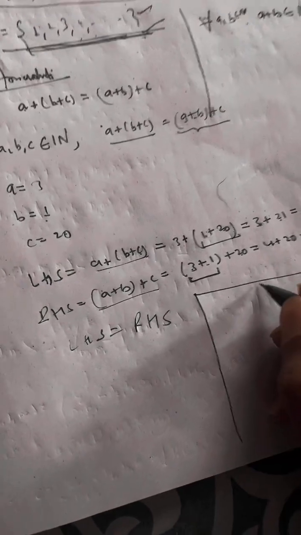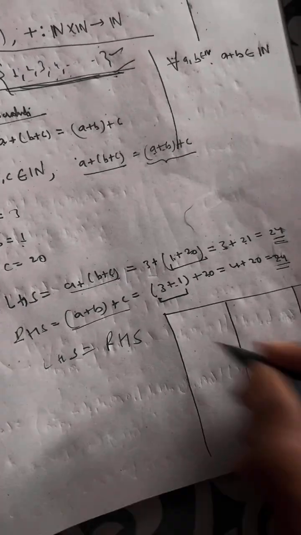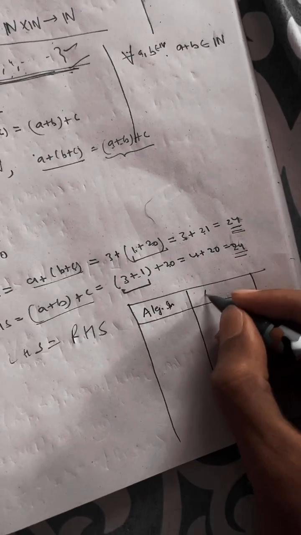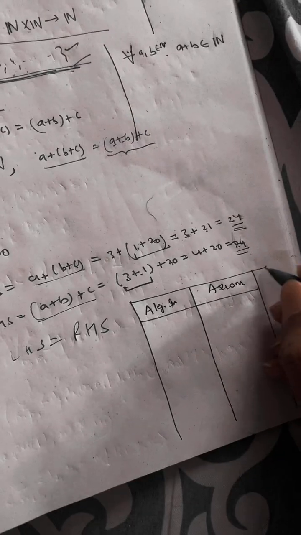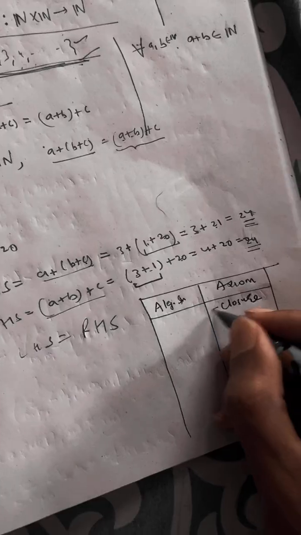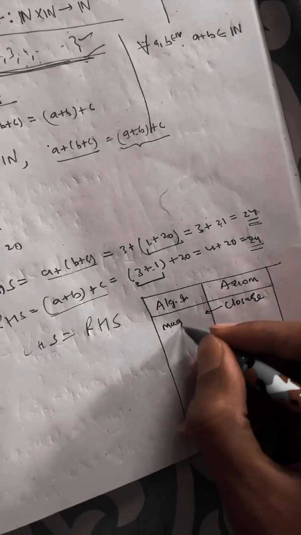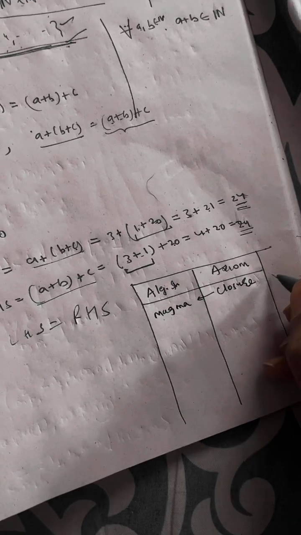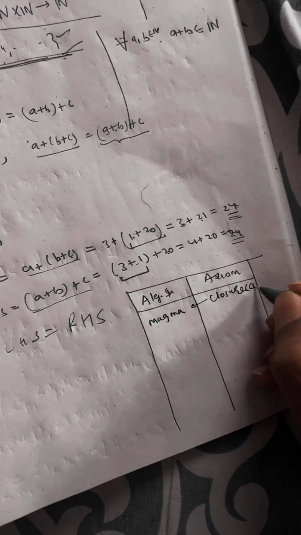Let's say we have a table here. This is the name of the algebraic structure. These are the axioms. If it satisfies closure, only closure, then it is called a magma. The notation for closure is CL.